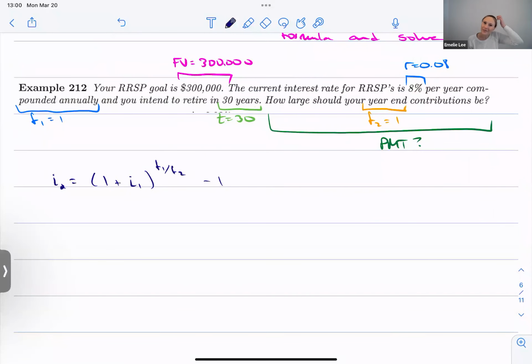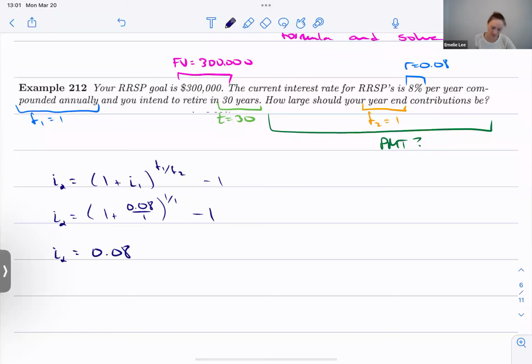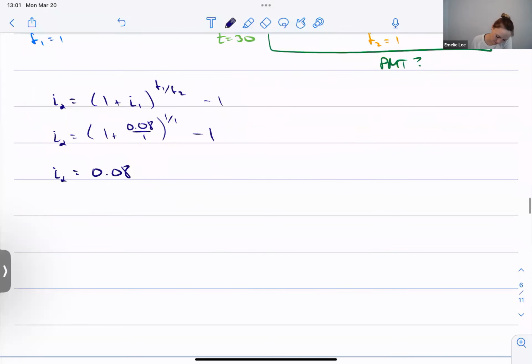Luckily, F1 and F2 are the same. 1 plus 0.08 divided by 1 to the power of 1 over 1 minus 1. So many ones. I2 is 0.08. Now F equals F2, which is 1.